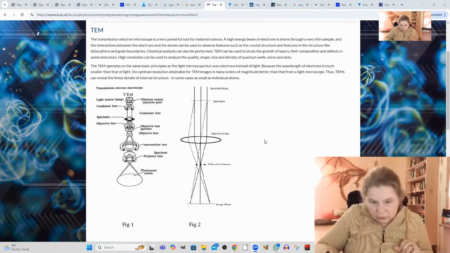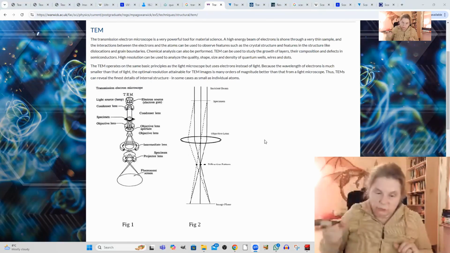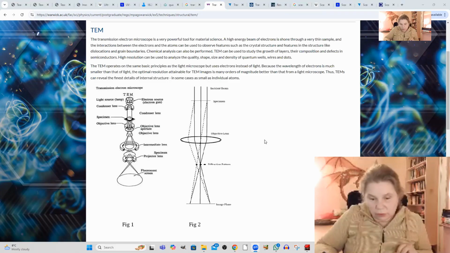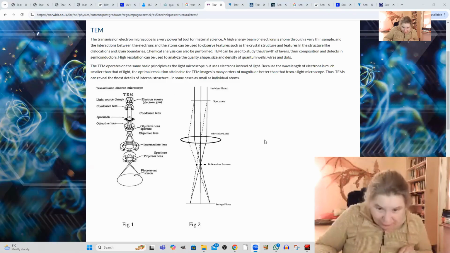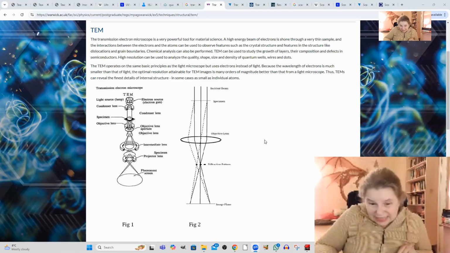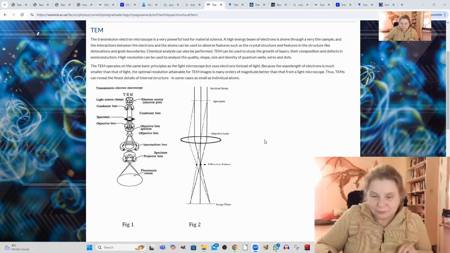It's a slightly different arrangement in terms of the viewpoint, so you're not looking directly from the side. But you've still got a condenser lens, which is above the specimen, which is above an objective lens, which is above a projector lens. And they've got an intermediate lens and so on. They still have a fluorescent screen at the bottom of this one.